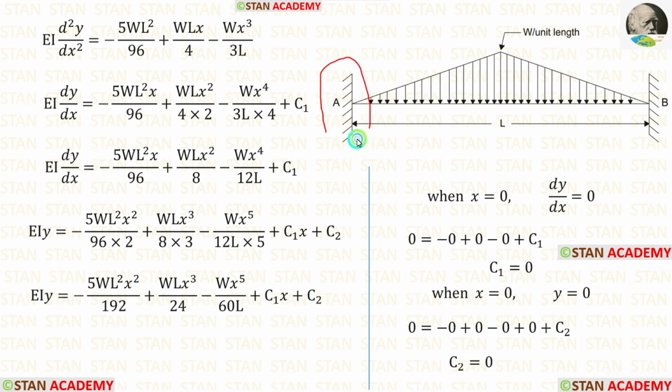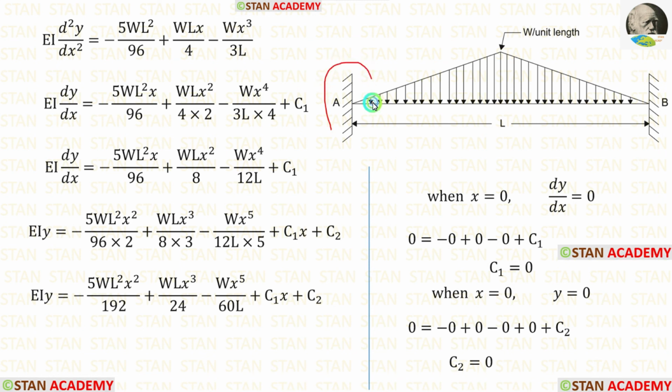In the point A, there is a fixed support. In the fixed support, there will be no slope. So when x is 0, dy upon dx will be 0. In this equation, let us apply x is 0 and dy upon dx is 0. When we do that, we are getting C1, which is equal to 0.